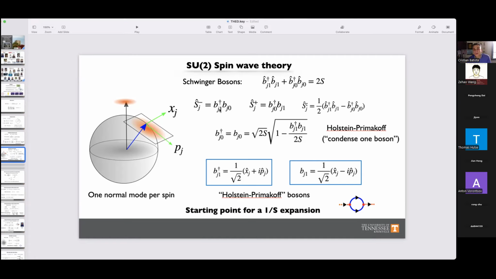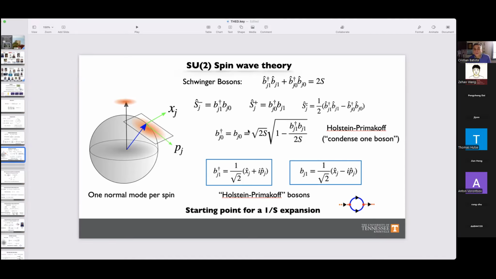So our Hamiltonian that was a function of spin operators now is a function of bosonic operators, and that obey this constraint. So one way of incorporating the constraint is to eliminate one of these bosons via the so-called Holstein-Primakoff transformation. So we use this constraint to write one of the bosons, the one with flavor 0, in terms of the remaining boson with flavor 1.